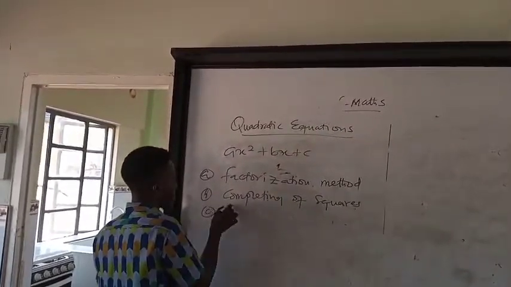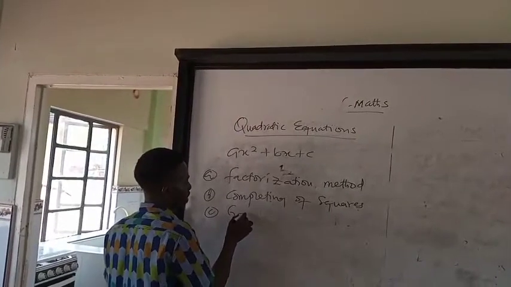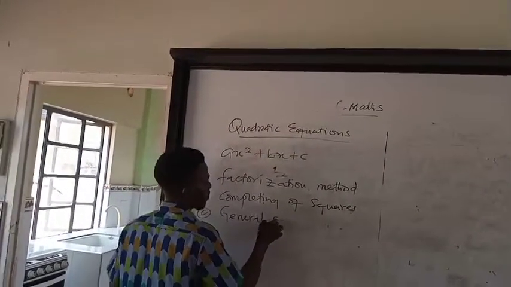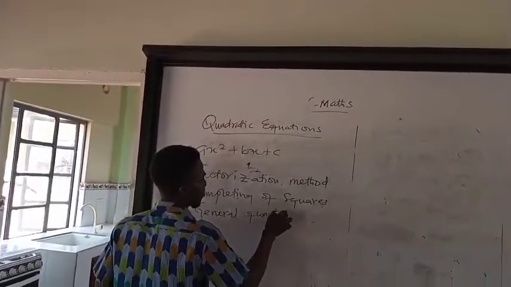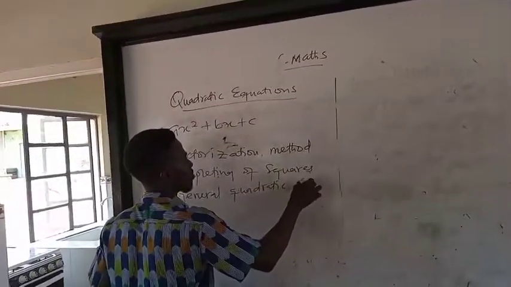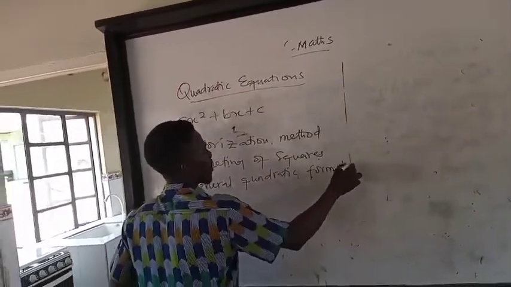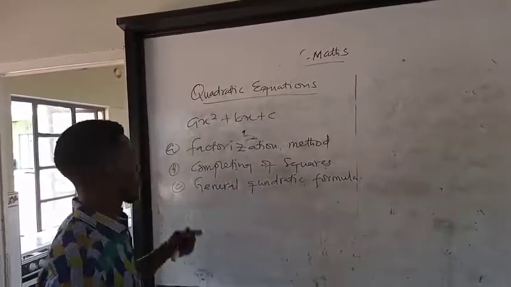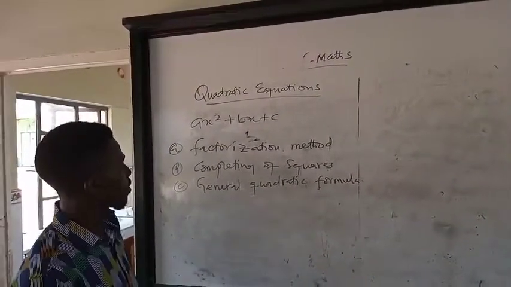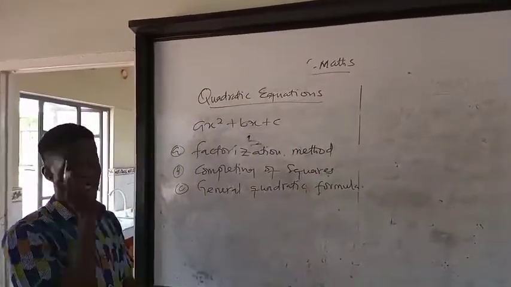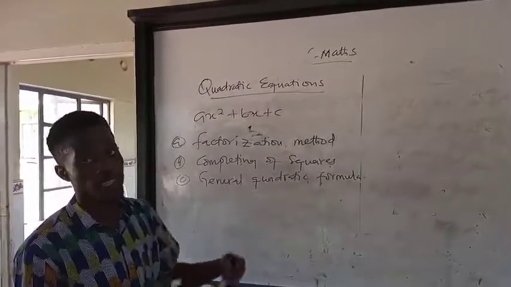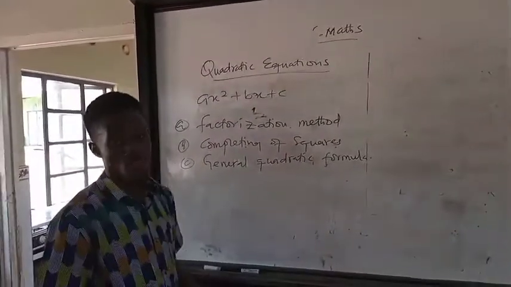And the last one is using the general quadratic formula. So you start with the factorization method, then go to the completing of squares, then go to the general quadratic formula. And these are the only ways of solving a quadratic equation.